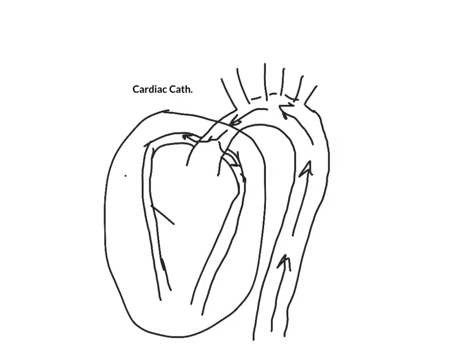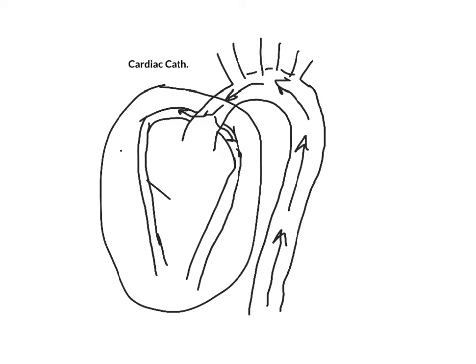But they have branches that actually come off the heart and off the arteries, and the dye will go into those too. And they look for any kind of a blockage. So I'll explain a blockage to you in just a second.